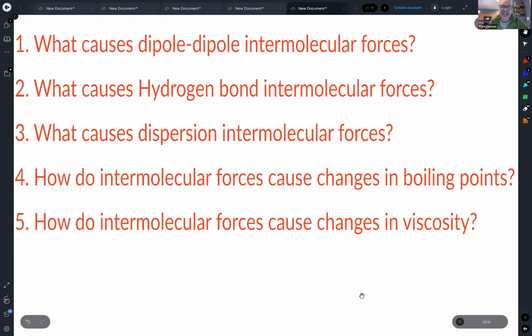So dipole-dipole means that we have some molecule that has a dipole. Now, we talked a couple of units ago, what causes dipoles is this unequal sharing. So it's basically polarity. So if I have a molecule, and what you would notice is it's not symmetrical top to bottom. Left to right it is, but on top to bottom it is not.